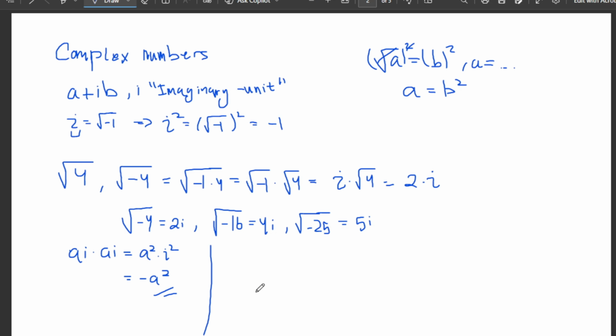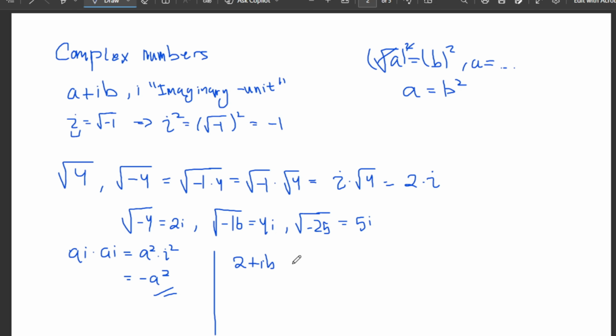Now, if we have a plus ib, for example 2 plus ib, I'm not going to explain this much deeper, because it will be part of later episodes where I'm going to talk about complex numbers in more depth.